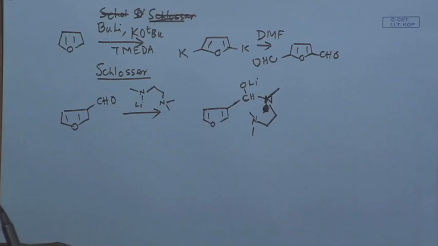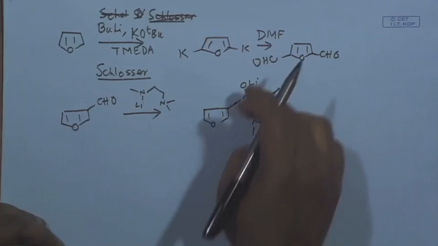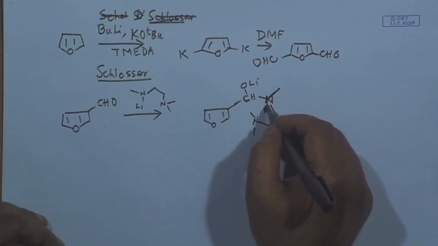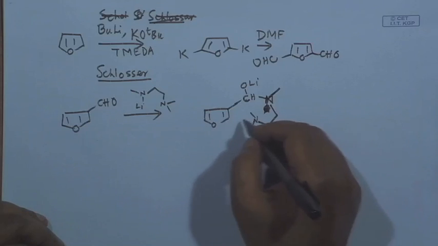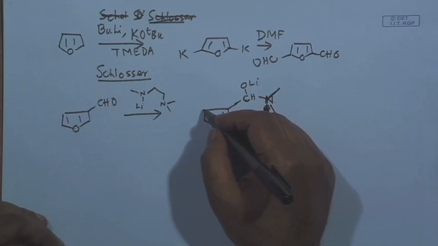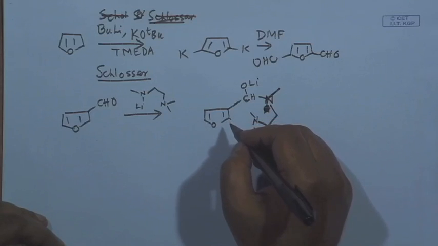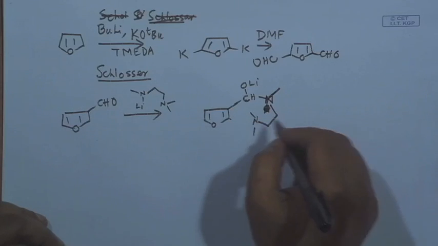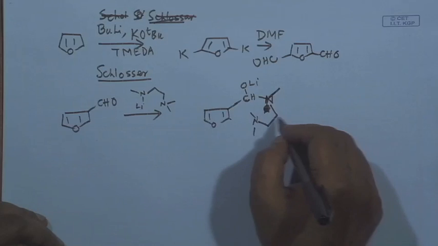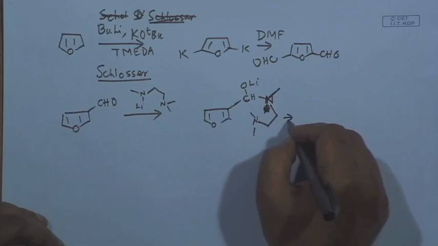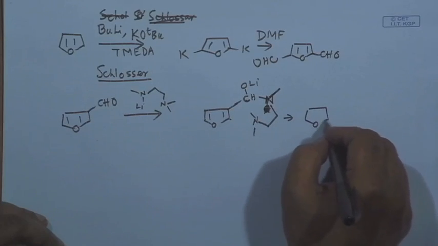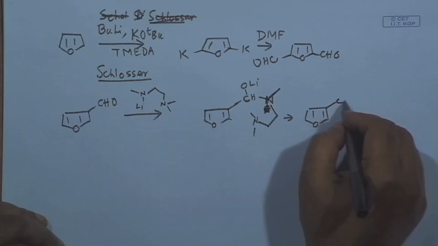What next? With the presence of this nitrogen ligand here, the lithiation can take place either on this side or on this side, and all of us know the hydrogen at the 2 position is more acidic, so the lithiation would take place there and nicely undergo coordination.